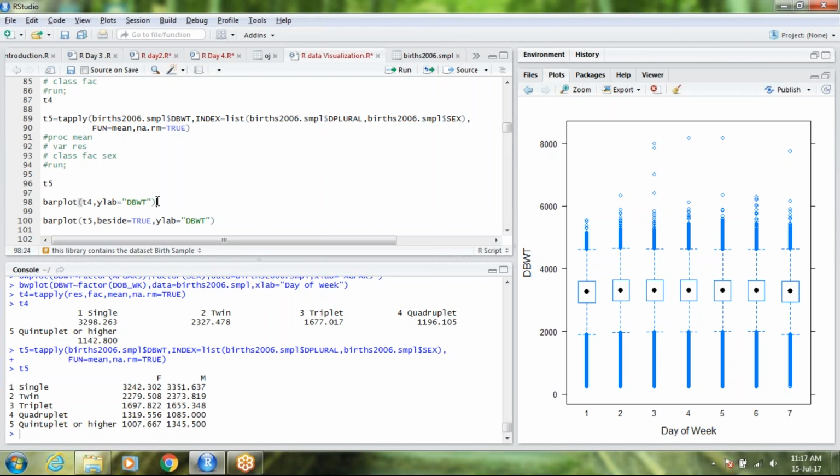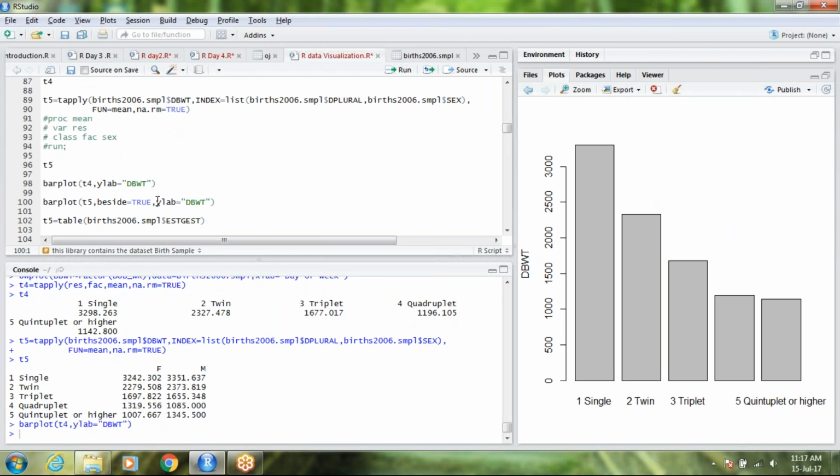So let's do some visualization of this table. T4 was only on the basis of weight and these factors. As I know, the average weight for a single would be much higher than twin, then triplet, and so on. So it will drop. Now, if I want to see also on the basis of gender, then let's see.